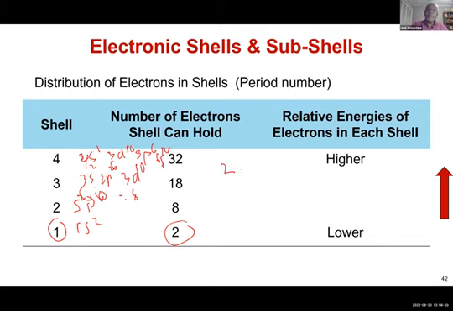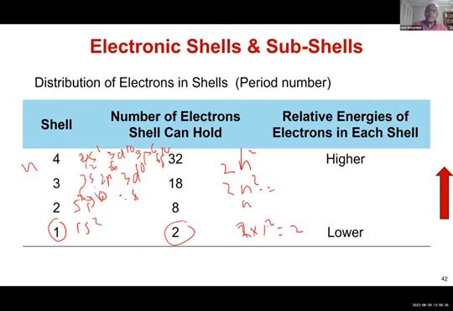You can obtain this also using a formula. This is called 2N squared. N is the shell number. For example, shell number here is 1, 2 times 1 squared is 2.